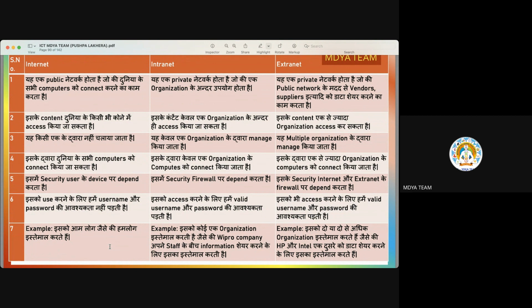The security, in case of internet, depends upon the particular user's device or the particular user, how he or she is managing their system. And for intranet and extranet, the security depends upon the firewall, which is a software that prevents unwanted things from coming in or accessing those organizations' websites. So internet, intranet and extranet security will depend upon the firewall.